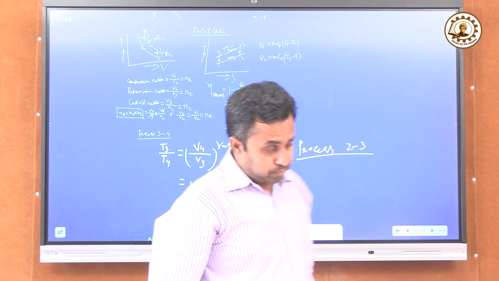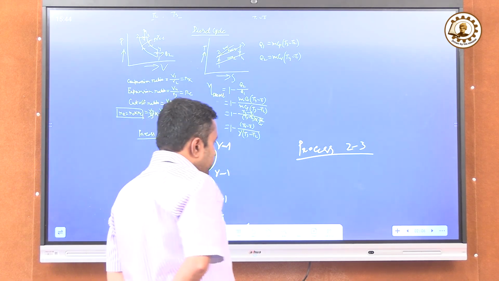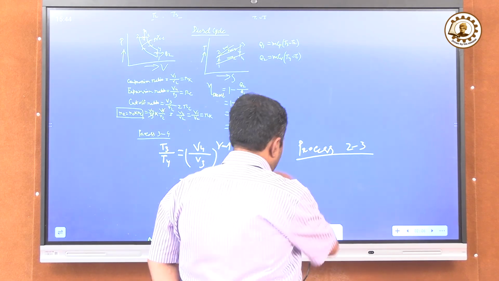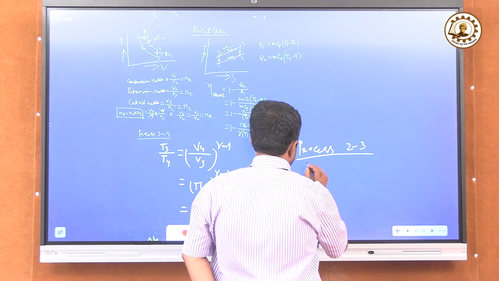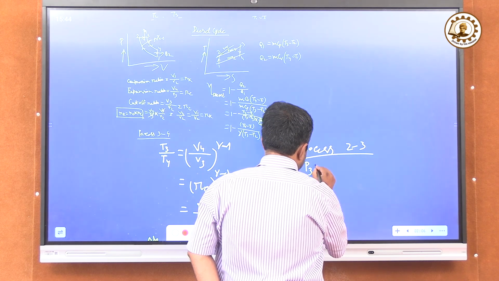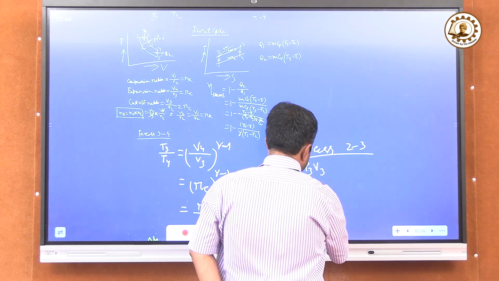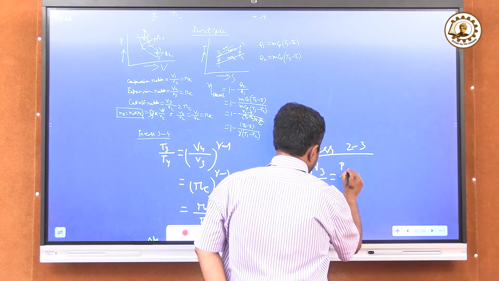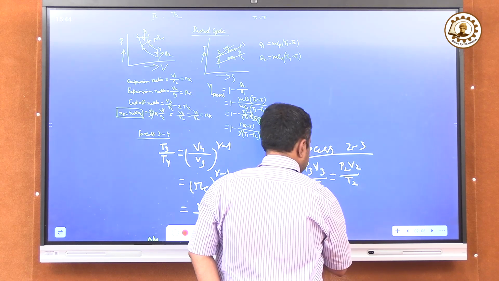We can use PV is equal to RT. Then we can write P3 V3 by T3 is equal to P2 V2 by T2.